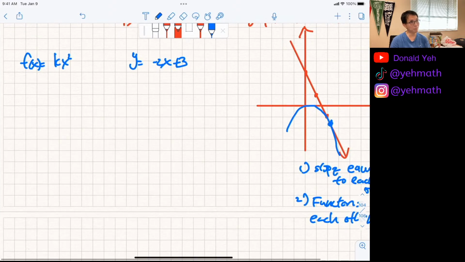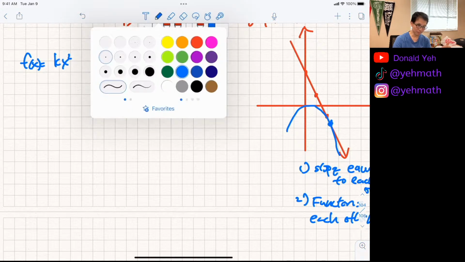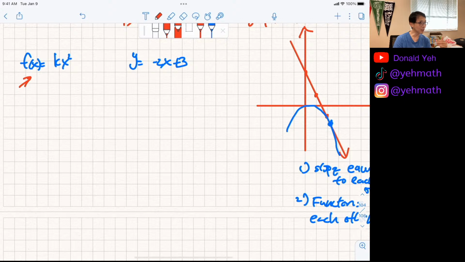So remember the slope of f of x and y. Now how do I find the slope? How do I find the slope of f of x? What is the derivative of kx squared? K is a number, it's like 3 or 4.